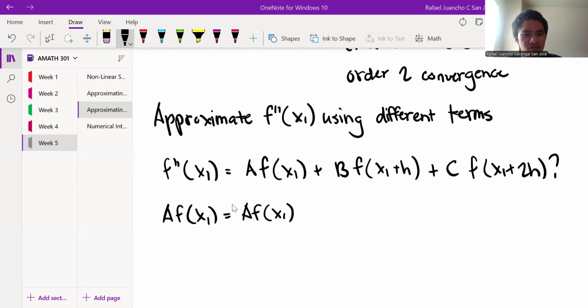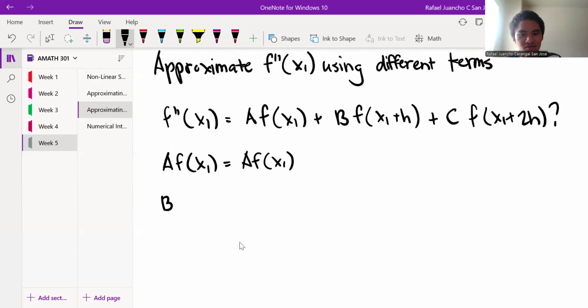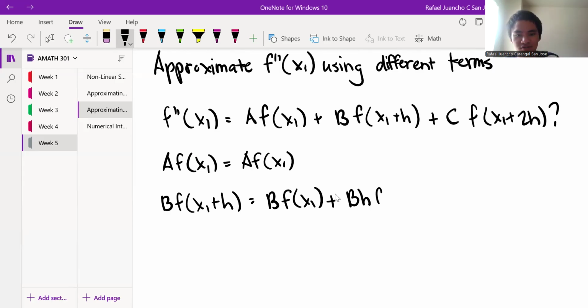And then what else? b, okay, b is a bit different here. So using Taylor approximations, we get b of f of x1 plus b of h. Now I have an h. And then I think this is a derivative, right? Oh, it is. So here I do this.